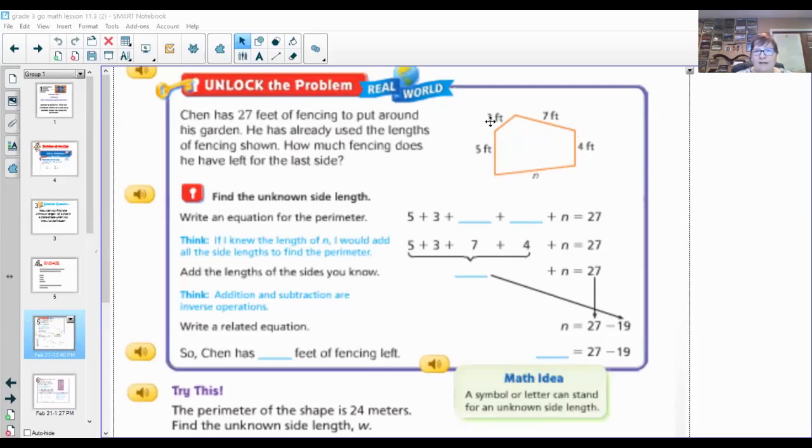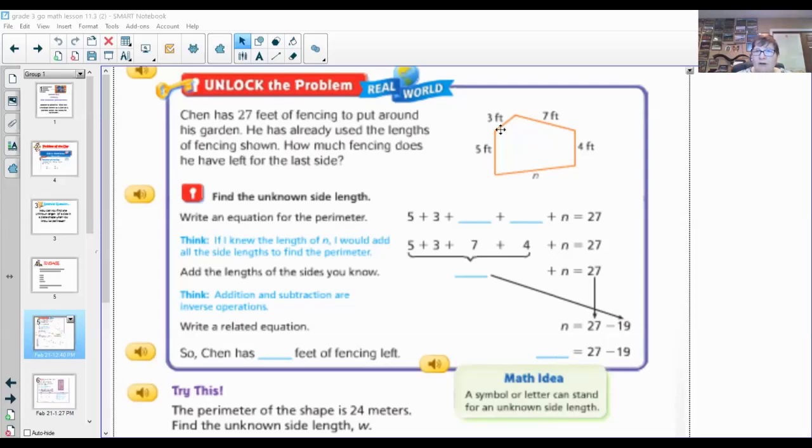So that is 19. Plus n equals 27. To solve for n, we do 27 minus 19 to get our answer. And your answer would be 8 feet.